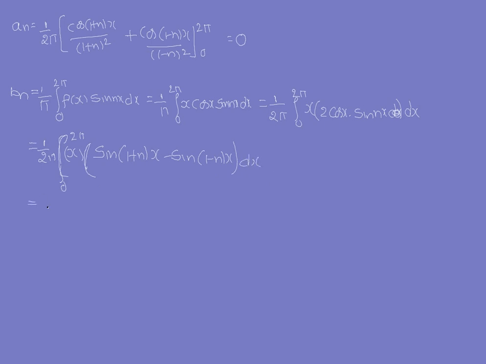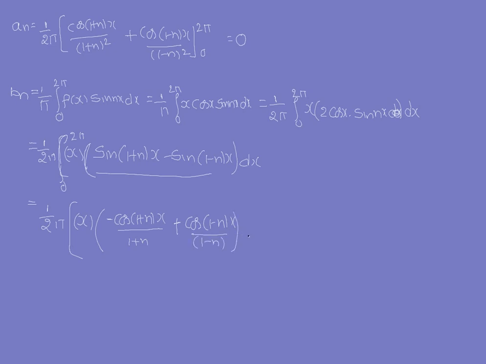So that is equal to 1 by 2 pi, now integrating x into this much. The integration of sin is minus cos, so we get minus cos (1 plus n) x by (1 plus n), plus cos (1 minus n) x by (1 minus n).